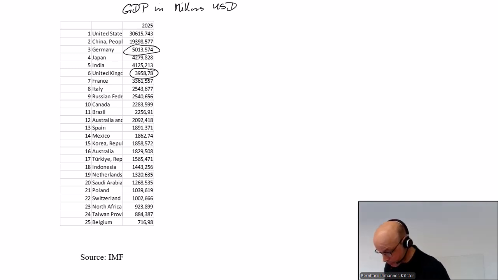Here. 1.3 trillion, again, compared to Germany or also compared to the United Kingdom. United Kingdom is 3 times larger and Germany 3.5 times larger than the Netherlands, also same distance.